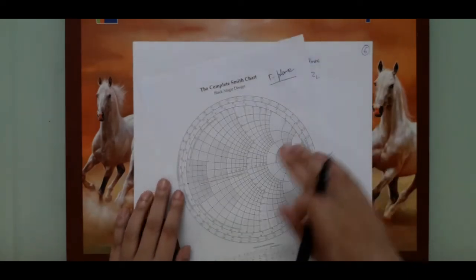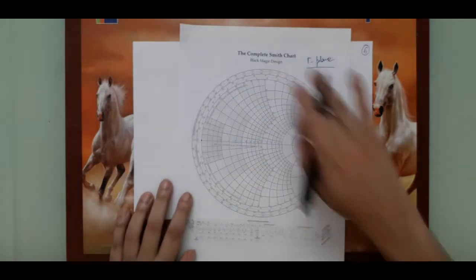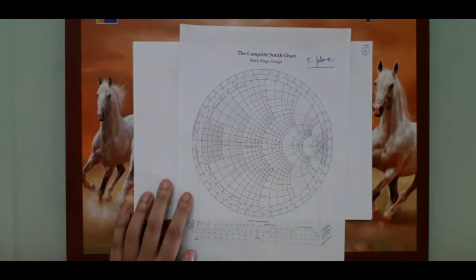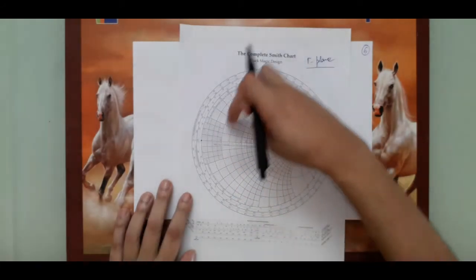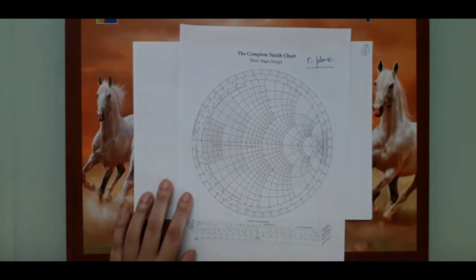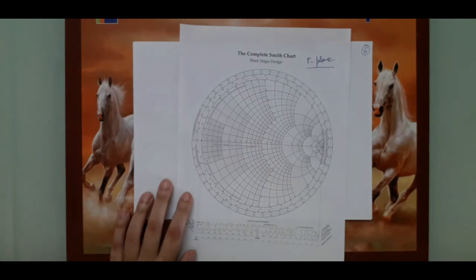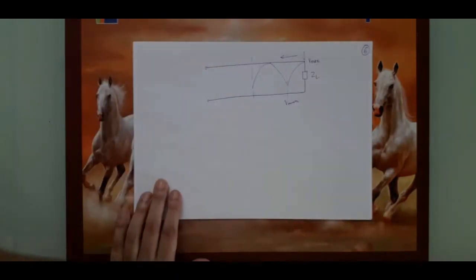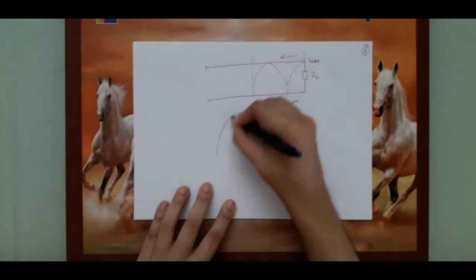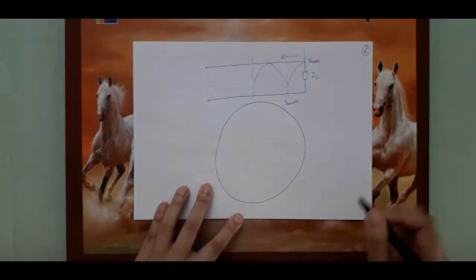So now, suppose my load is somewhere. There will be a VSWR circle. And the point, let me just draw it separately. This is the Smith chart.